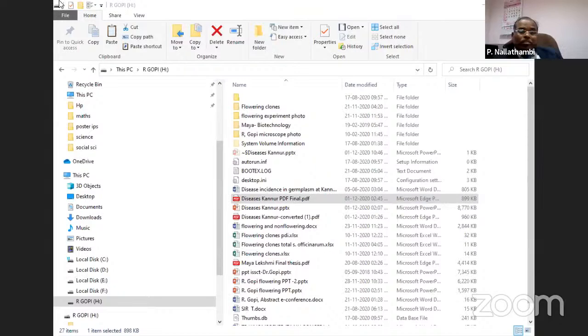Share it. Here only your pen drive files are showing. If you have any problem, you can fix it and we can start with the next presenter.